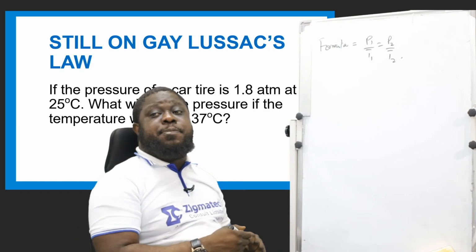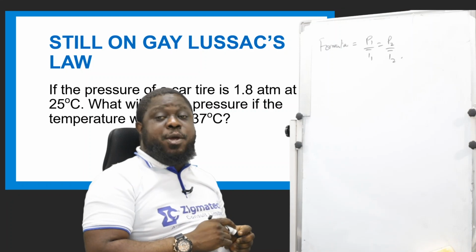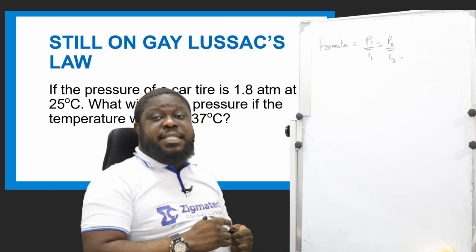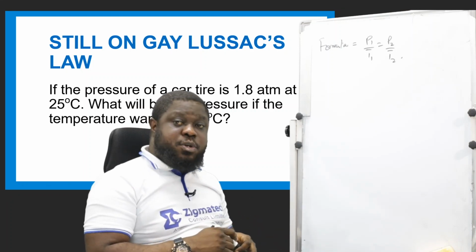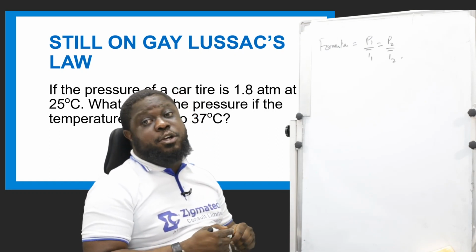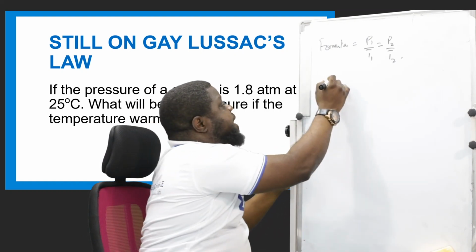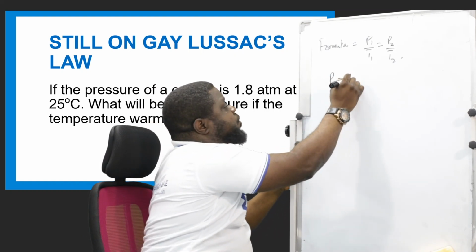Now, I told you the first pressure you see becomes your P1. The second one becomes your P2. The first temperature becomes your T1 and the second temperature becomes your T2. Now, our first pressure there is 1.8. So our P1 is equal to 1.8.